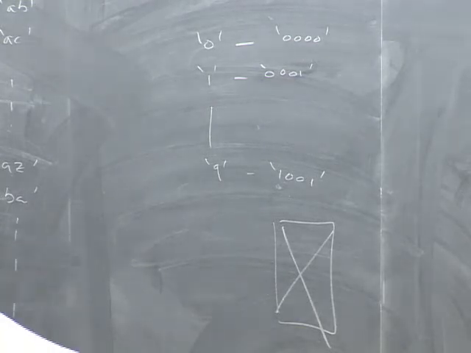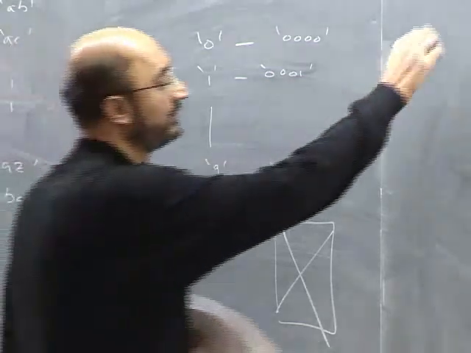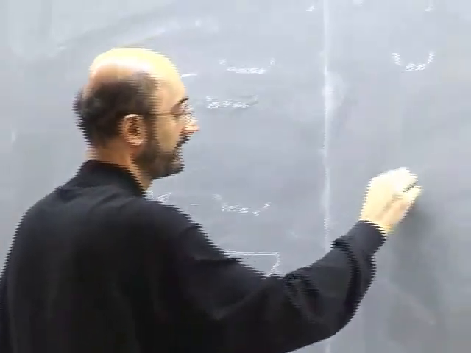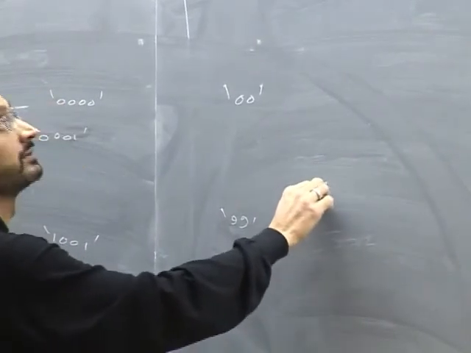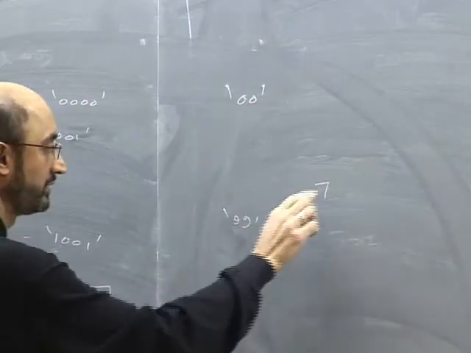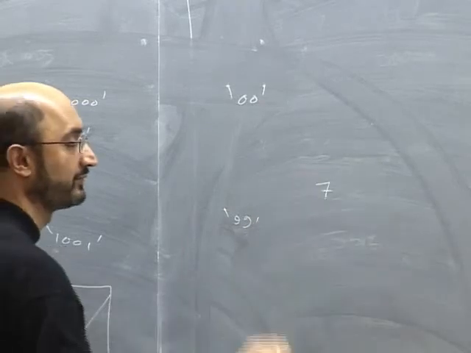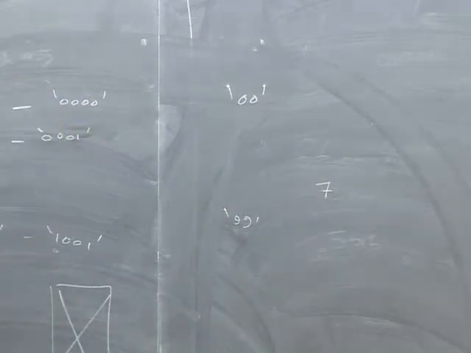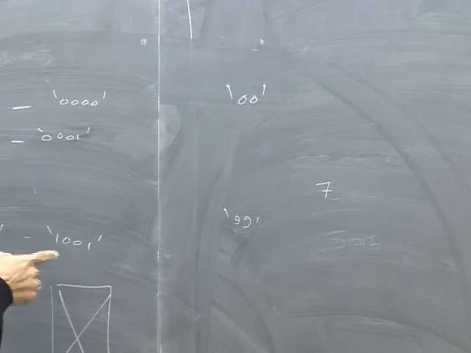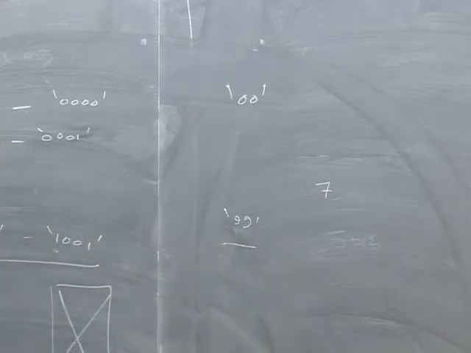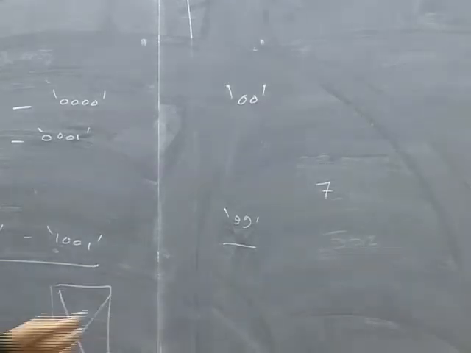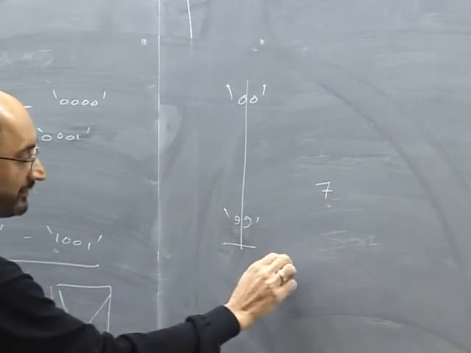So if I were to code instead for 0, 0 all the way up to 9, 9, I need basically 7 bits for this. Yeah, I need 7 bits for this. But here per symbol I'm using 4 bits. Here per symbol I'm using only 3.5 bits, because I have 2 symbols and 7 bits, so it's 3.5.